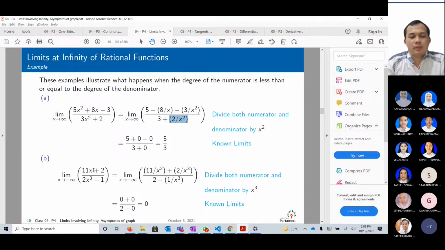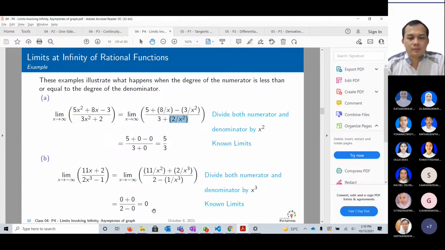Pembilangnya pangkat tertingginya berapa? 1. Tapi penyebutnya pangkat tertingginya berapa? 3. Jadi kita bagi dengan pangkat 1 atau pangkat 3? Pangkat 3. So we divide both by x cubed. So now we get that this limit is 0.